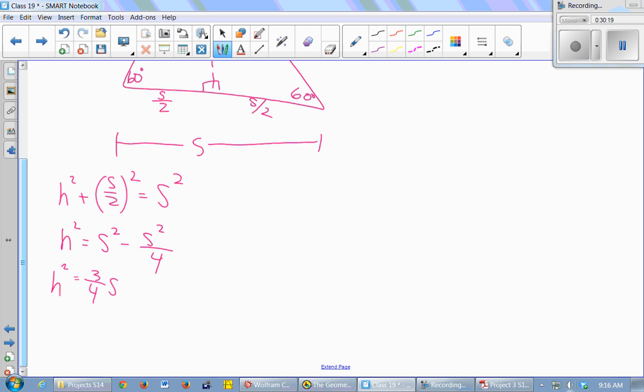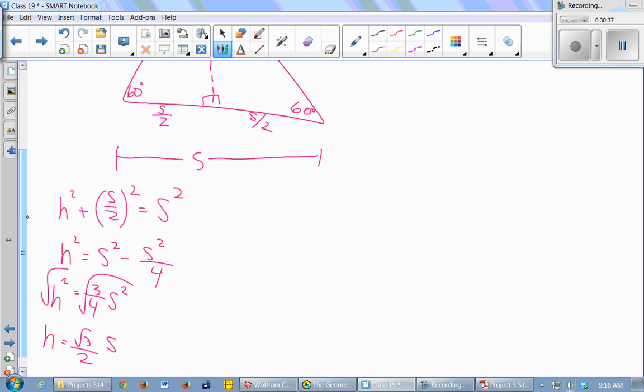Then just square root both sides. h is the square root of 3 over 2 times s. So it's 1/2 times my base, and then my height is the square root of 3 over 2 times s. If I simplify this, I get radical 3 over 4 s squared.